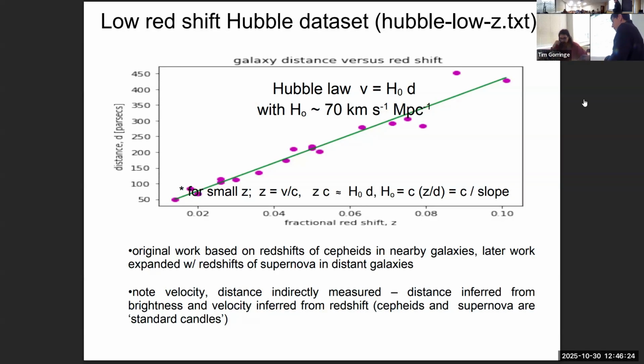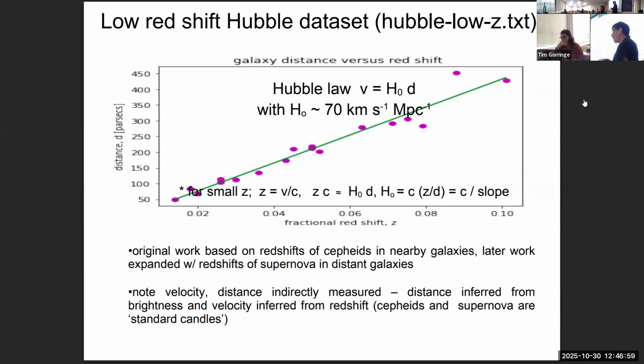What else did I want to say about that? That's a good question. I wanted to say that the original work used these Cepheid variables as standard candles for measuring the distances and the velocities of galaxies. That was limited by the brightness of the Cepheids, only enabled you to see relatively nearby galaxies and measure their distances and their velocities.